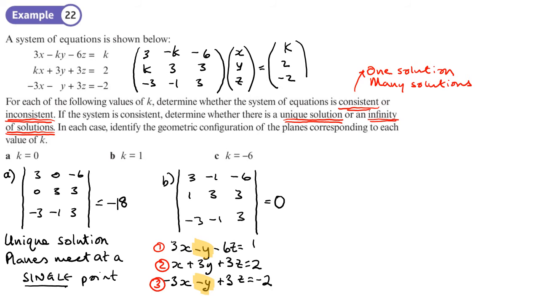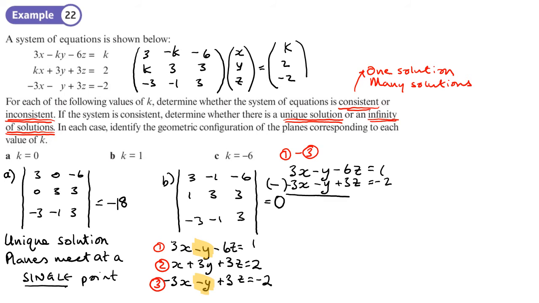So I'm going to do equation 1 minus equation 3. It's the same sign, so subtract: 3x minus y minus 6z equals 0, minus negative 3x minus y plus 3z equals negative 2.